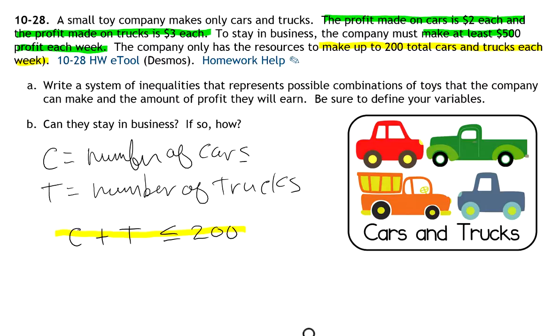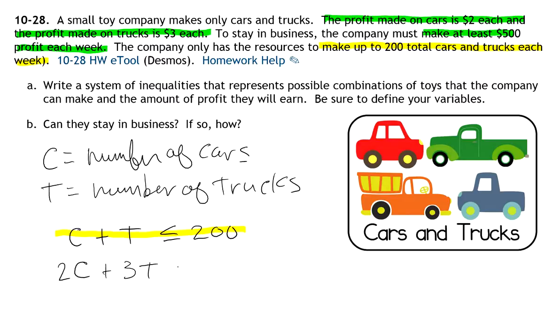Since each car produces $2 in profit, I would say 2C, 2 times C, represents the dollars in profit that I receive from making cars, and 3 times T is the dollars in profit that I receive from making trucks. And I know that this number has to be at least $500.